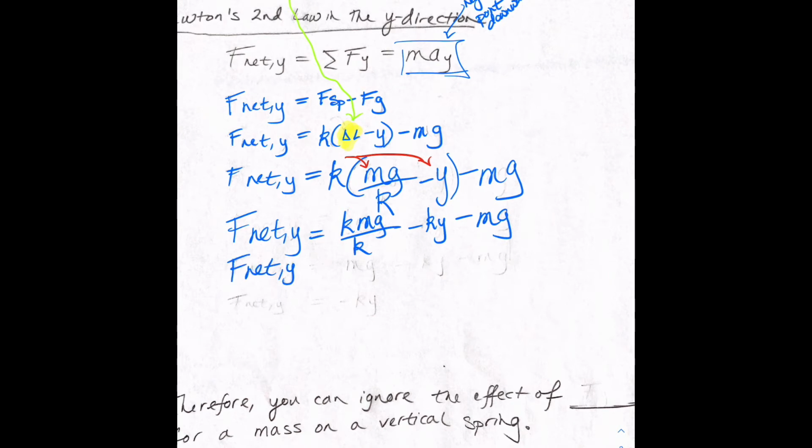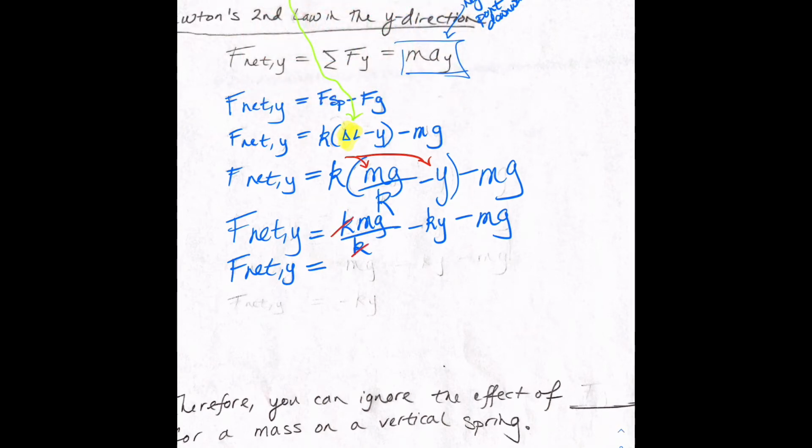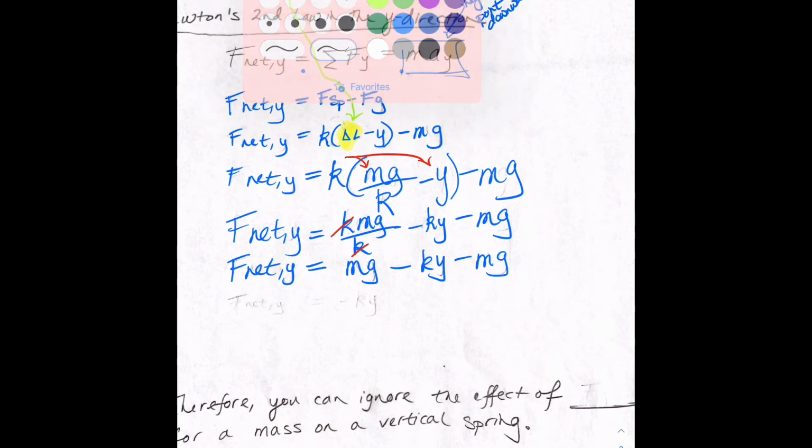Do a little canceling. And that is very nice right there, because now we can see we can simply cancel off the mg's. And what this is showing is that the force of gravity doesn't matter, right?